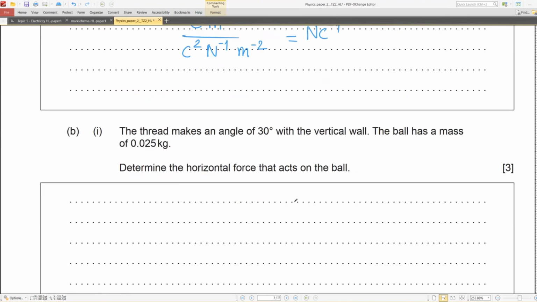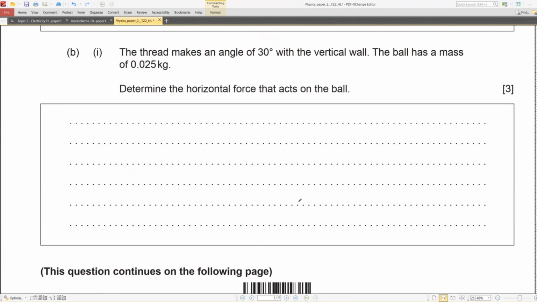So, determine the horizontal force that acts on the ball. Let's draw the diagram here again. You don't need to draw it in the answer when you do the real test. We have the weight mg, the electric force, which is the charge times the field strength, and the tension in this direction.